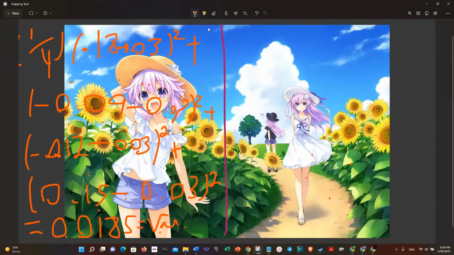So now, to get standard deviation, we know that the variance is standard deviation squared. So to get the square root of a number, we get the square root of the number. So it'll be the square root of 0.0185 all the way.